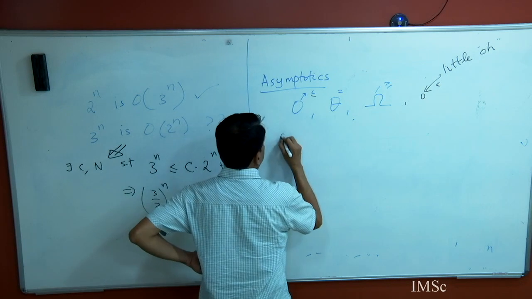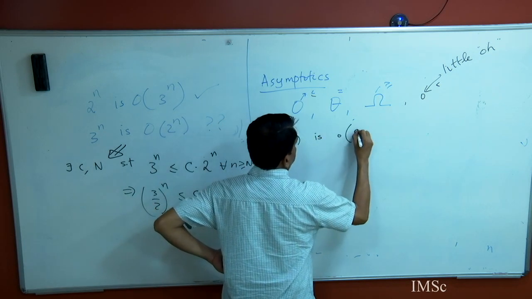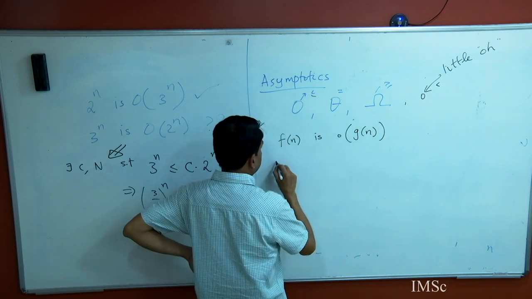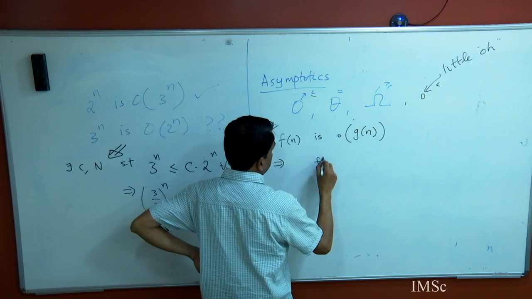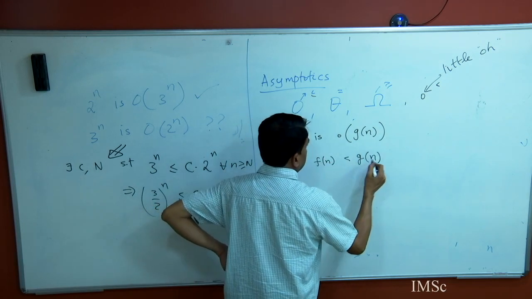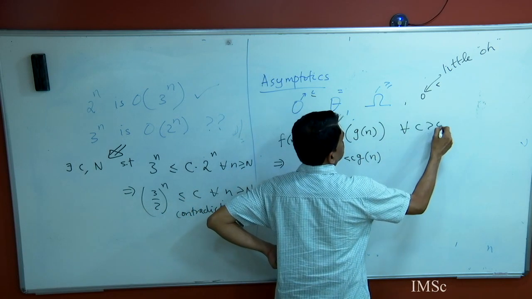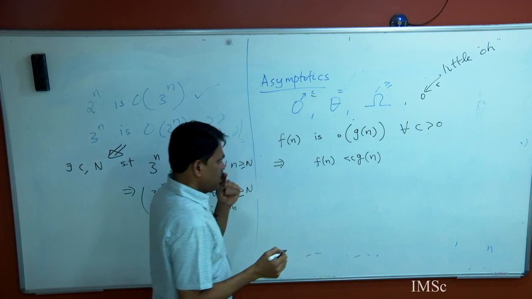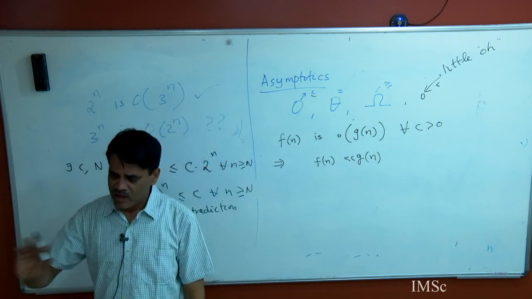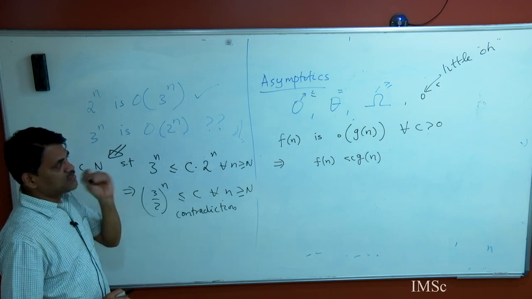So, f(n) is little o of g(n) means that f(n) is less than C times g(n) for all C greater than 0. So, this is not 'there exists'. You tell me any C, f(n) will be less than C times g(n).